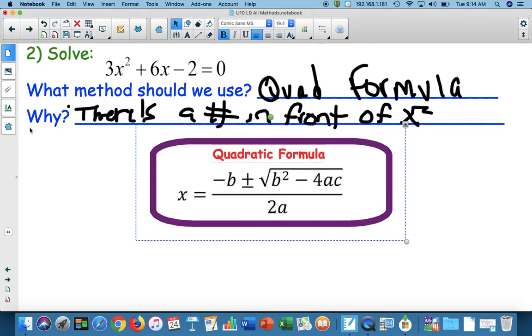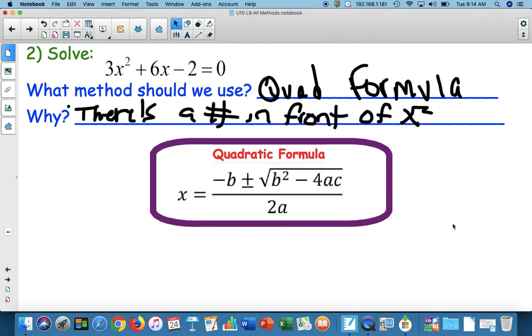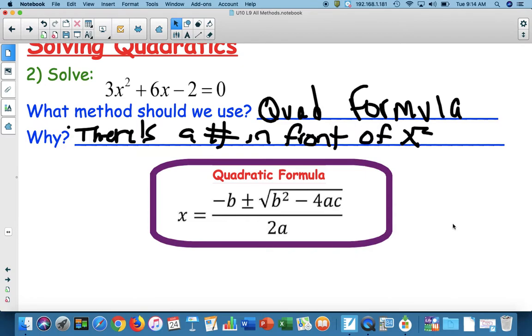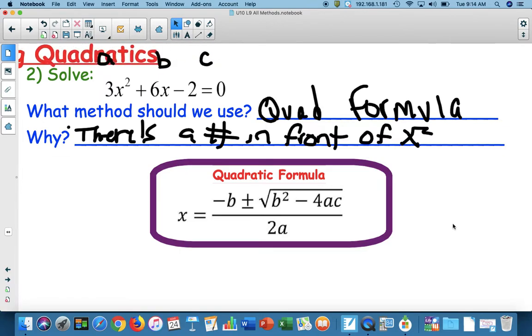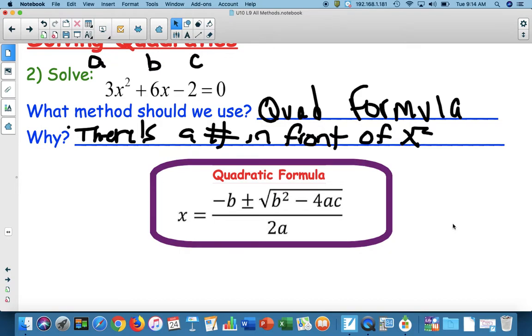All right, that's fine. Okay, so don't forget, when we're doing our quadratic formula, we have to identify our A, B, and C, all right? So if we look back up at the problem really quick, our A is 3, our B is 6, and our C is negative 2, all right?